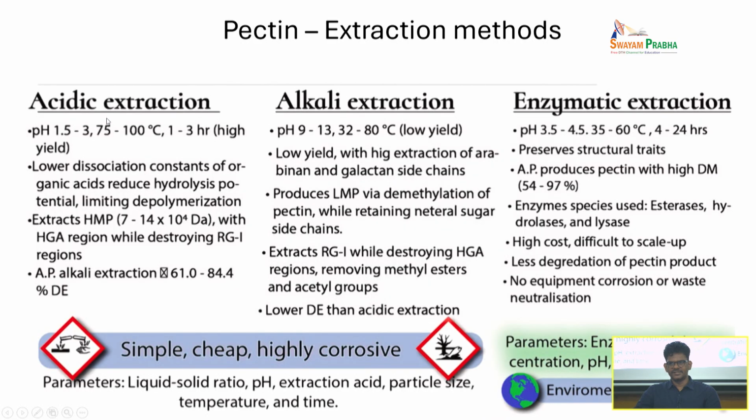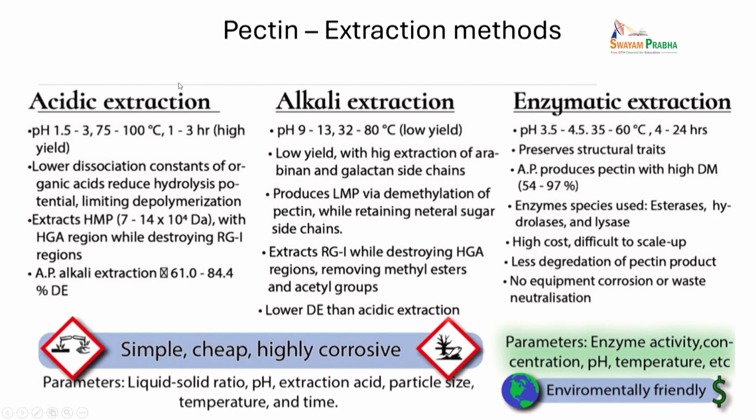So here is a comparison between various kinds of extraction. If you look at acid extraction that I shared in the previous slide, pH is between 1.5 to 3, temperature can be of the order of 100, and the time is about 1 to 3 hours. Acidic extraction is the one that gives the highest yield of pectin and is most preferred also, and it can extract the high methoxylated pectin.